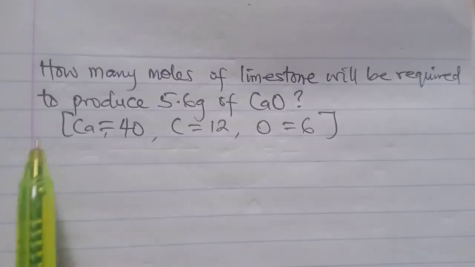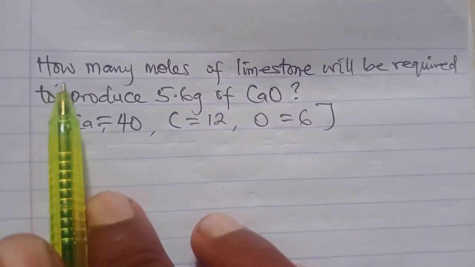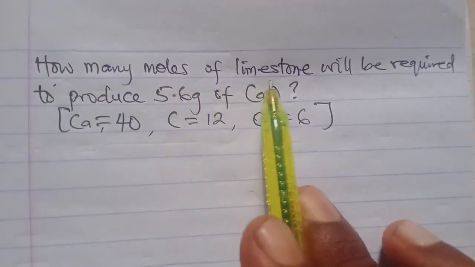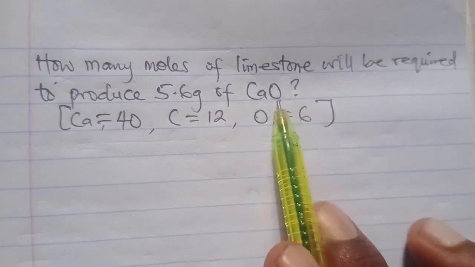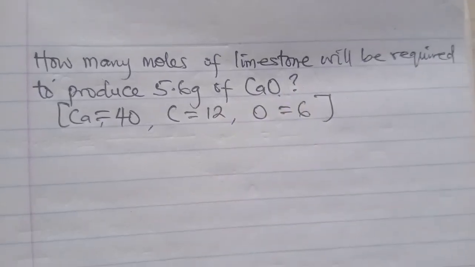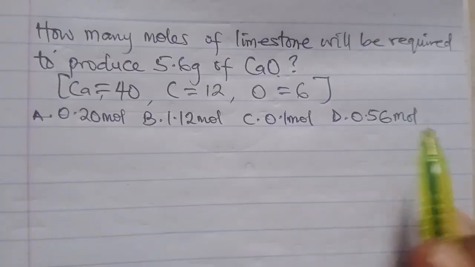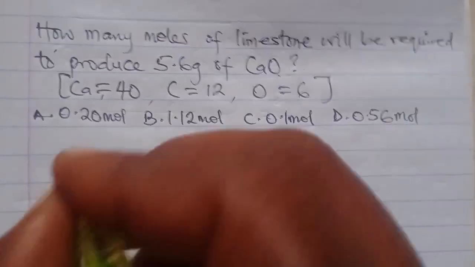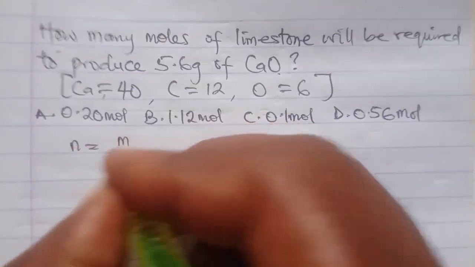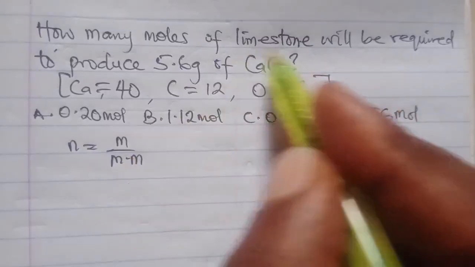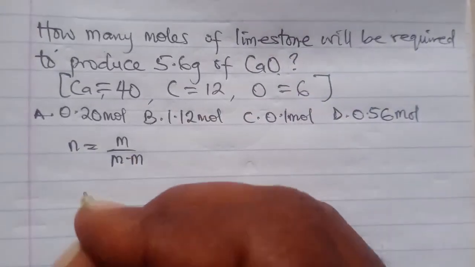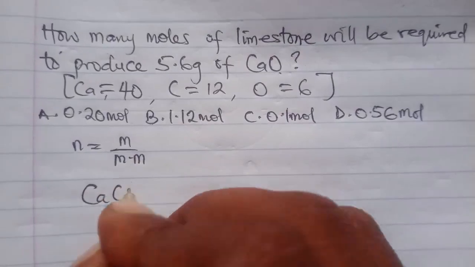In this question also, we want to solve. It says, how many moles of limestone will be required to produce 5.6 grams of CaO, that's calcium oxide? These are the options. So number of moles is mass over molar mass. Now, what is the molar mass of calcium carbonate, which is limestone?